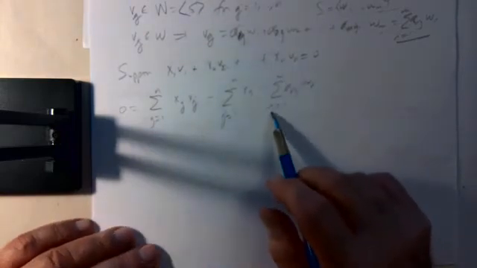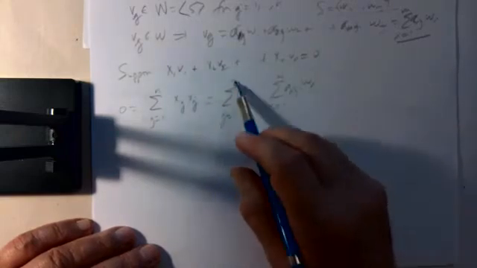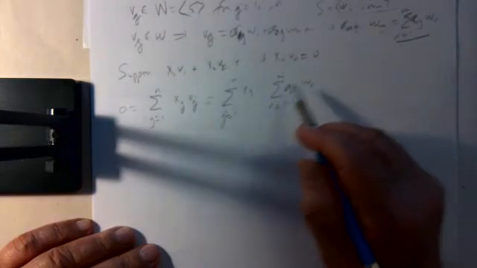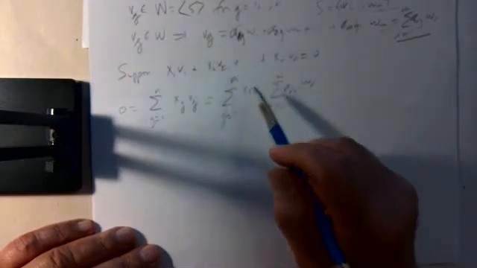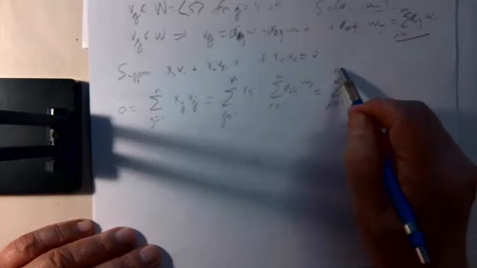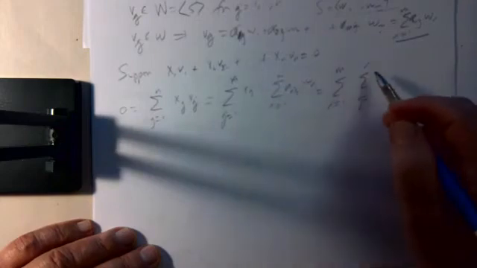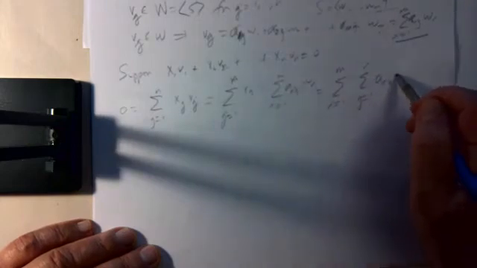So I have a double summation, and they're finite, so I can interchange. So instead of j from 1 to n followed by i from 1 to m, this is i from 1 to m followed by j from 1 to n. I can write this as i going from 1 up to m and j going from 1 up to n, this times this, Aij x sub j Wi.